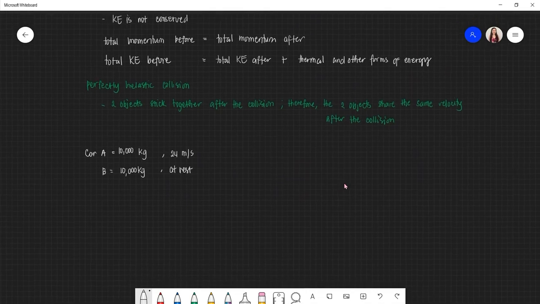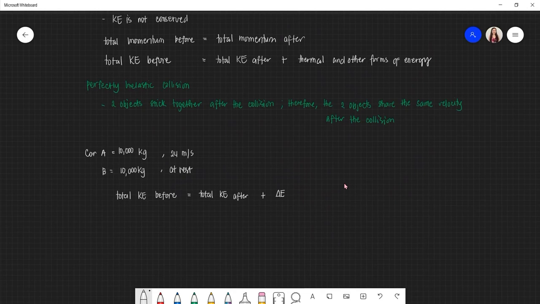So total kinetic energy before the collision equals the total kinetic energy after the collision plus other forms of energy. Let's use the variable delta E to represent all the other forms of energy.